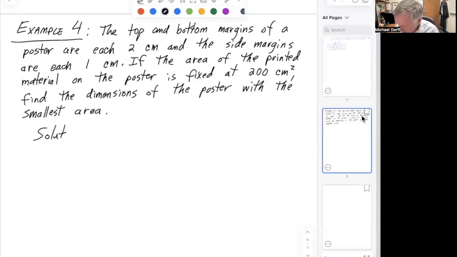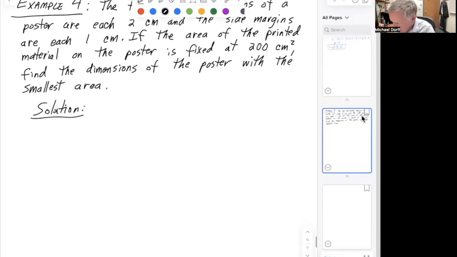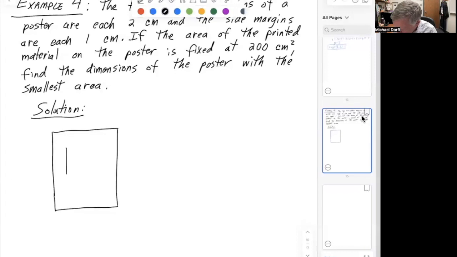All right, so again, let's draw a diagram to help us see and visualize what's happening here. So I've got this poster, and inside we've got some printed area. We'll say printed area.